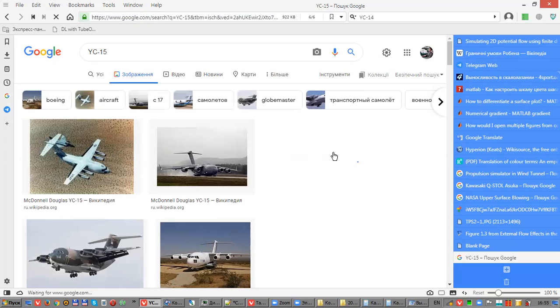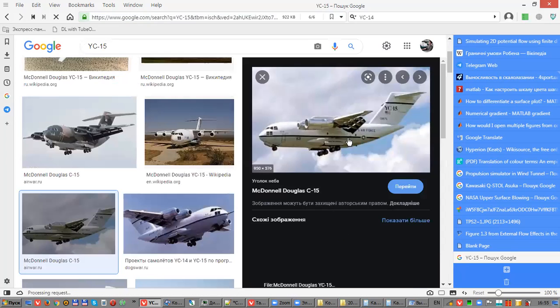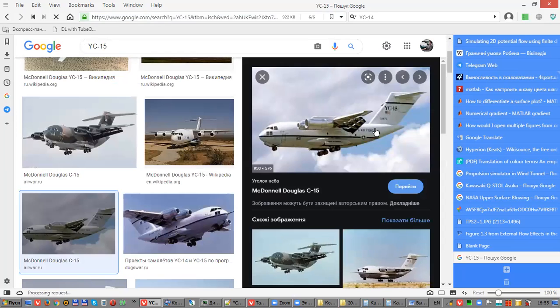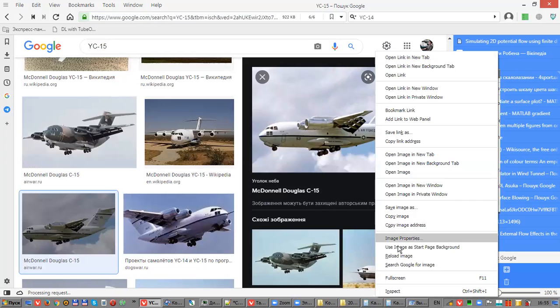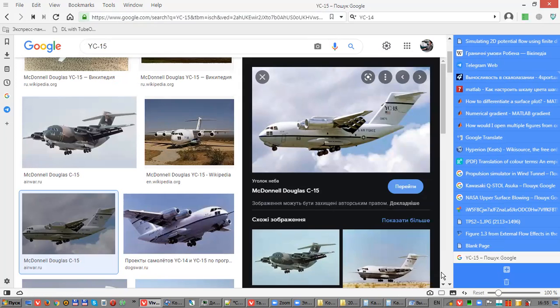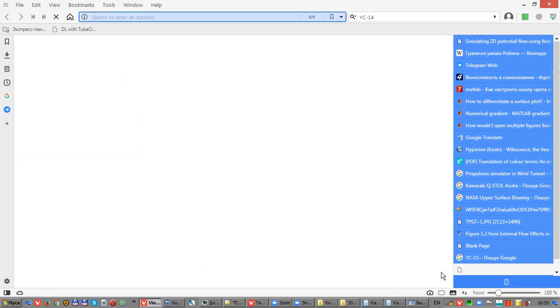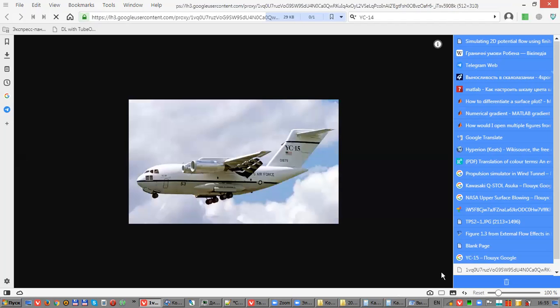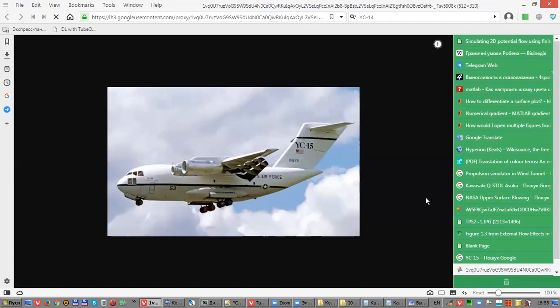They put four jet engines very close to the lower surface of the wing. Wait a minute, they lowered the picture. Yeah, this picture.